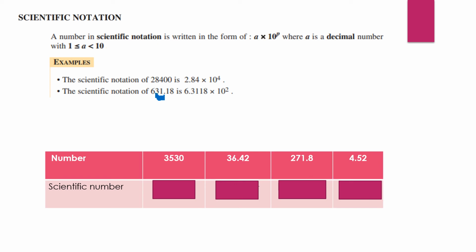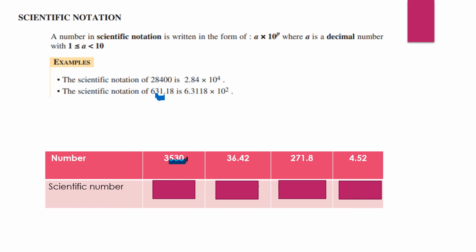First, I will put a point here, to the right of the number. Then I will move it from right to left to become one digit, then point. So I will move it till here.